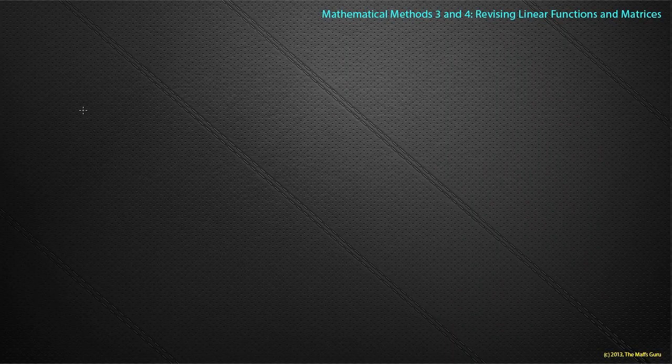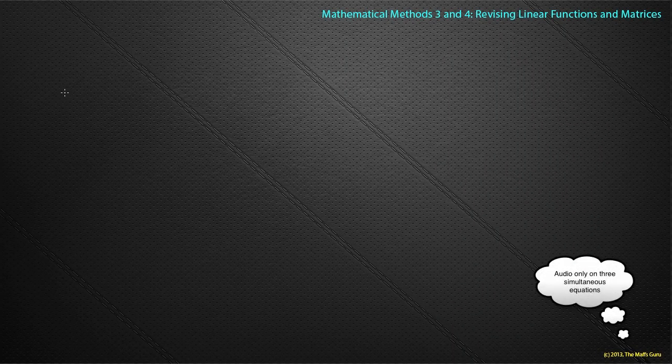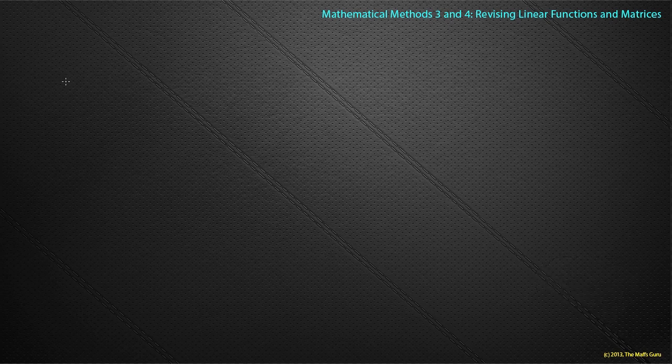If you end up with a situation where you have simultaneous linear equations with more than 2 variables, for example 3 equations, then you can't use any of the systems we've done previously. The good news is, just dive straight for your CAS calculator. It'll make life a lot easier for you.